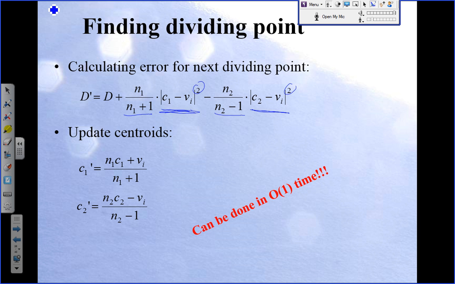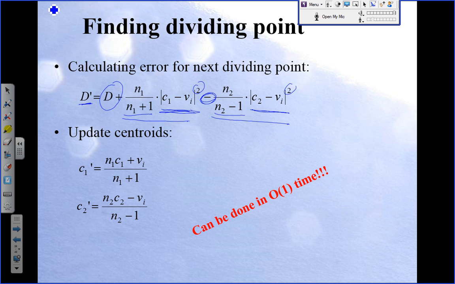So the way it's added, the weight is just the size of the cluster divided by the size of the cluster plus 1, and then removed. So here the effect is that something is reduced from the distortion, the squared error, and here it's added. So this is the change that happens, and whatever is the previous total, now the total is the total plus this change, so we get it updated.